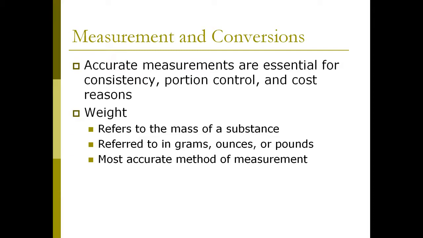If we're not accurate, if our employees aren't following the recipe, specifically putting in the exact amount by weight, they're guessing, or they're measuring the salt in the palm of their hand instead of measuring it in a tablespoon, like our recipe says, then we can lack a little bit of consistency. Salt's not a very expensive thing, but over a few years, if you're wasting a little bit of salt here and a little bit of salt there, that adds up to some dollars. So it all kind of comes back to the portion control.